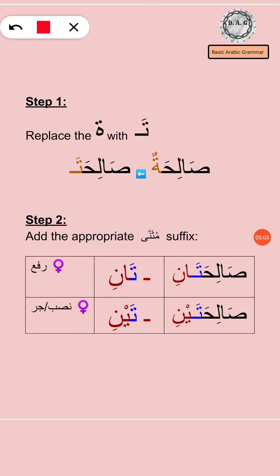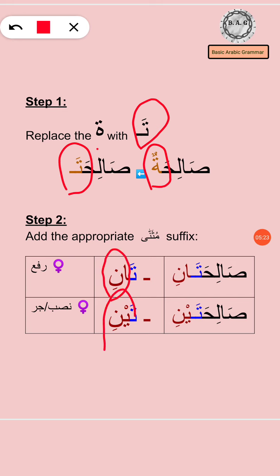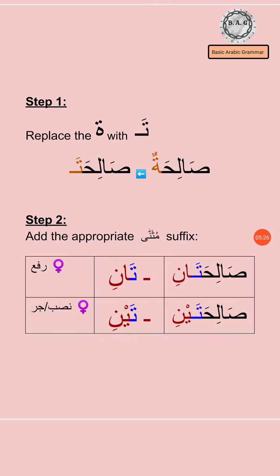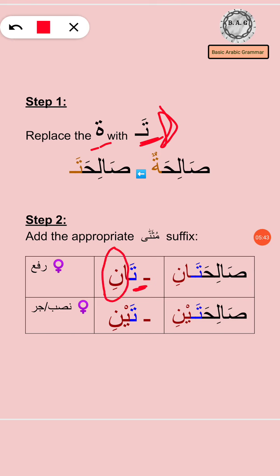So this round ta, the ta marbuta, gets replaced with this regular ta that carries a fatha on it. So salihatun becomes salihata. In the next step, as we did in the masculine musanna, we are simply going to add our suffix. This blue ta part is simply explaining this first step, that the ta marbuta has become the regular ta. This brown part is actually your suffix.